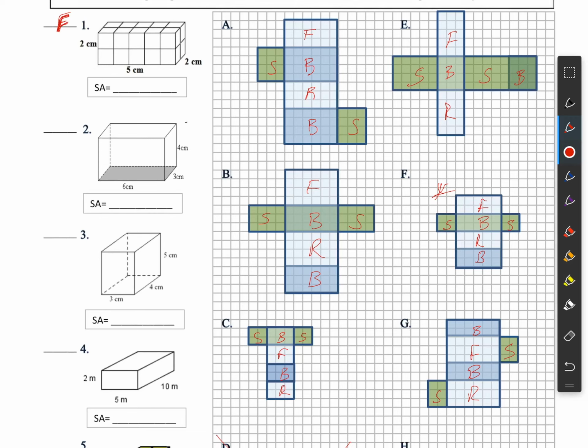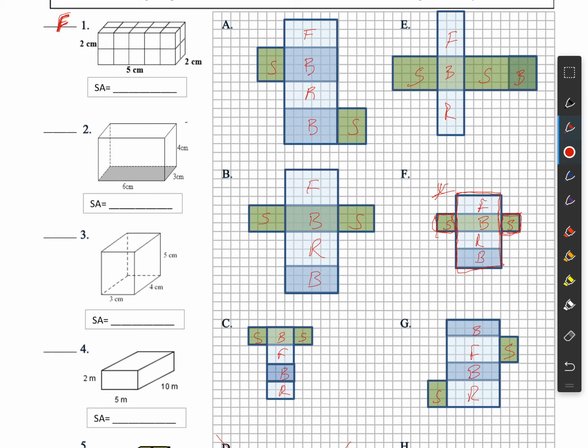Now to find the surface area, what we want to do is either find each of these individual sides and find their area and then add them all up. But we learned from looking at our composite figures that we could also take this entire area as one area, and then to that add these two smaller areas, and we have our total surface area.